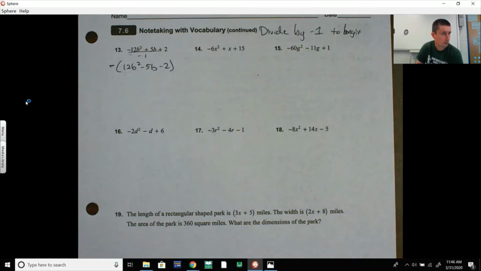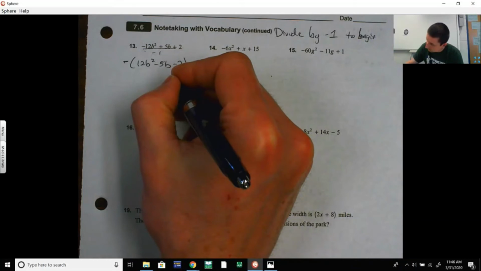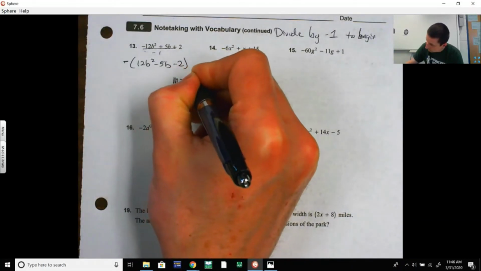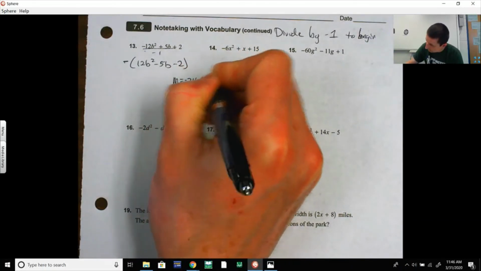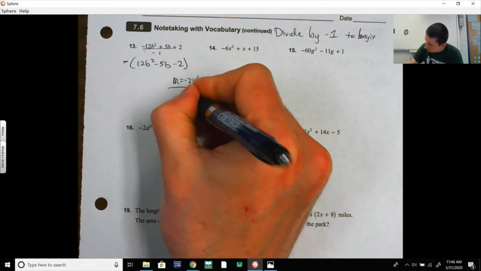Question 8, question 9, question 10 will all be involving this. So what multiplies to negative 24? What adds to negative 5? It's going to be negative 8 and 3.